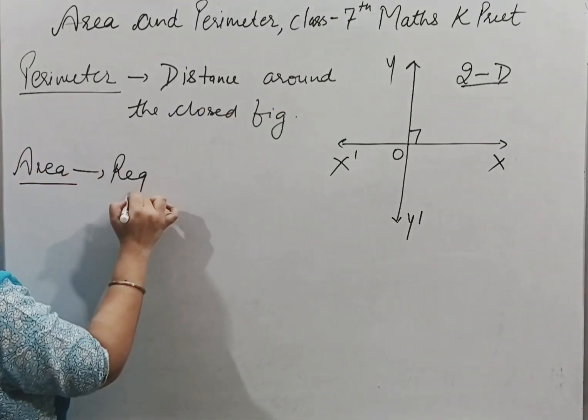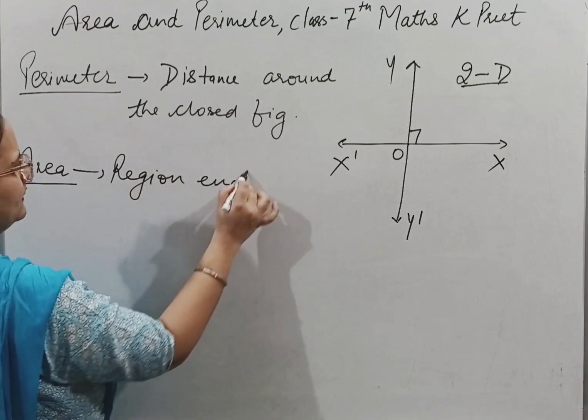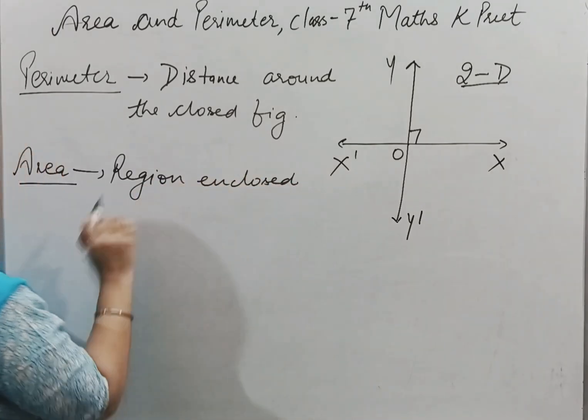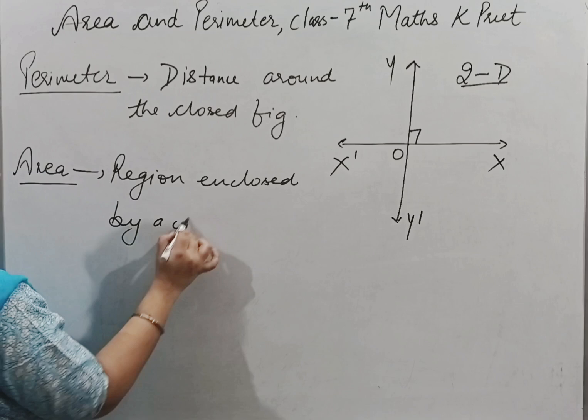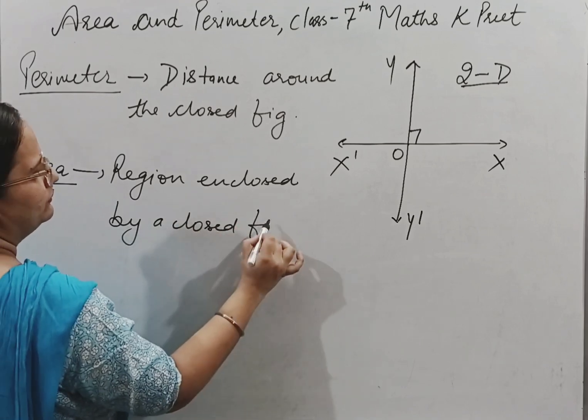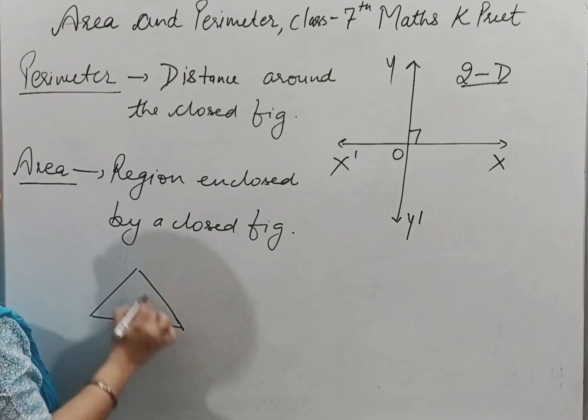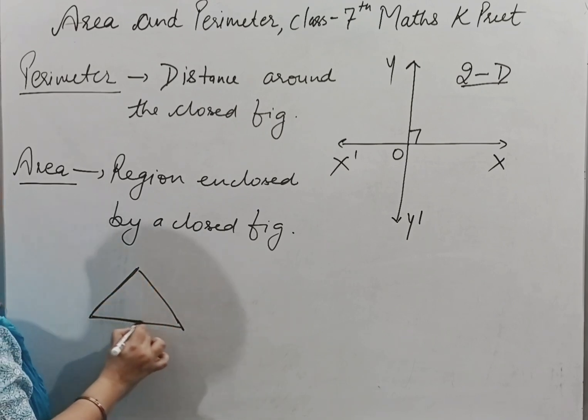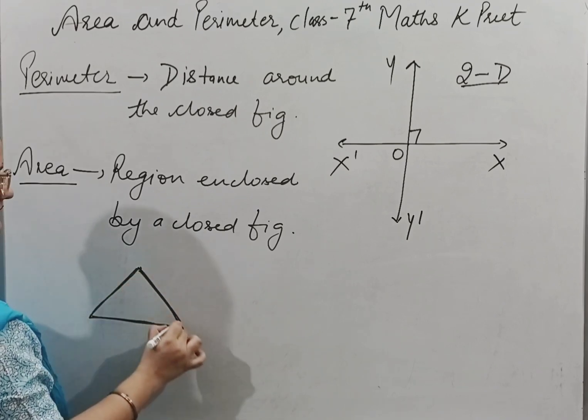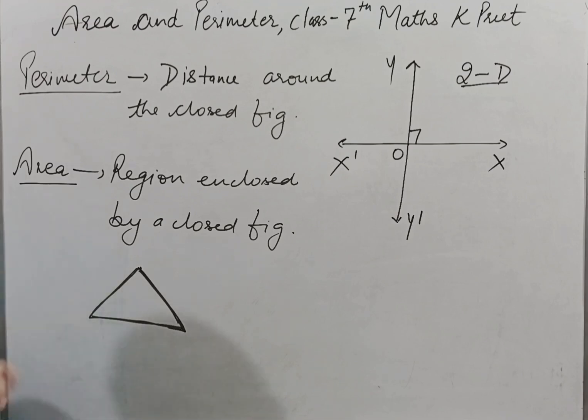Area is the region enclosed by a closed figure. For example, if this is my triangle, then perimeter is what? This distance, this plus this side plus this side. So the sum of all the three sides here is giving me the perimeter for this triangle.